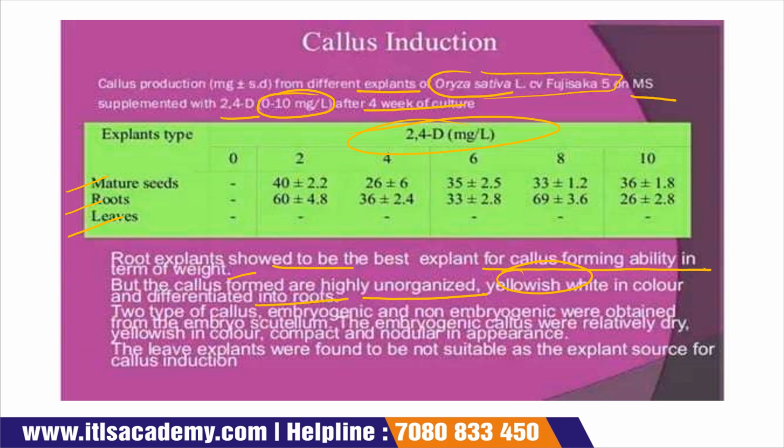Now there are two types of callus formed: one is embryogenic and another one is non-embryogenic. The embryogenic callus from the embryo scutellum was relatively dry, yellowish in color, compact and nodular in appearance. Then the leaves were found to be not suitable as an explant source for callus induction.